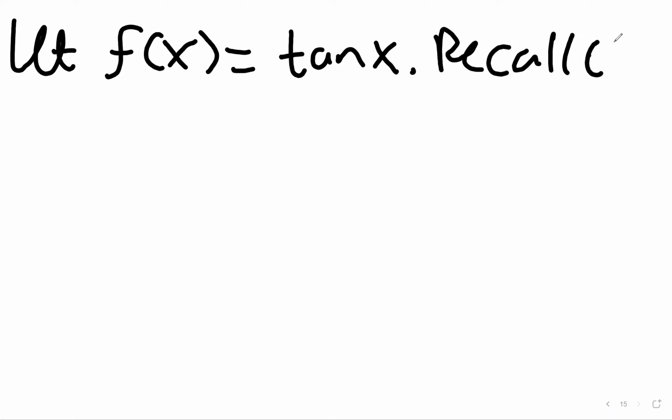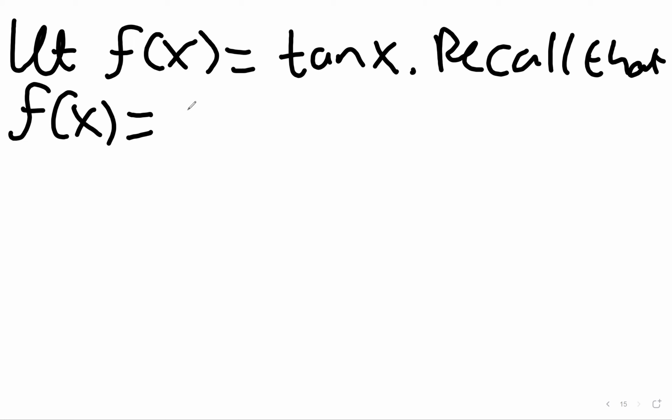So let f of x equal tangent of x. Of course, we should restrict to the case where cosine of x is non-zero. Recall that f of x can be written as sine x over cosine of x, provided that cosine of x is non-zero. So we write it as the quotient, or the ratio, of two functions where each function has a known derivative.